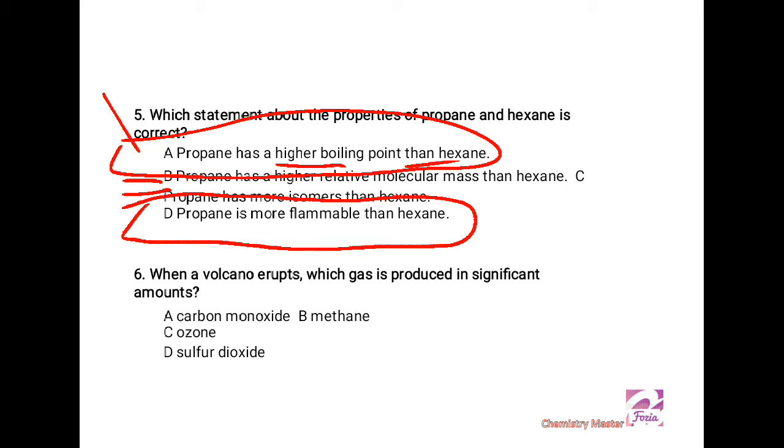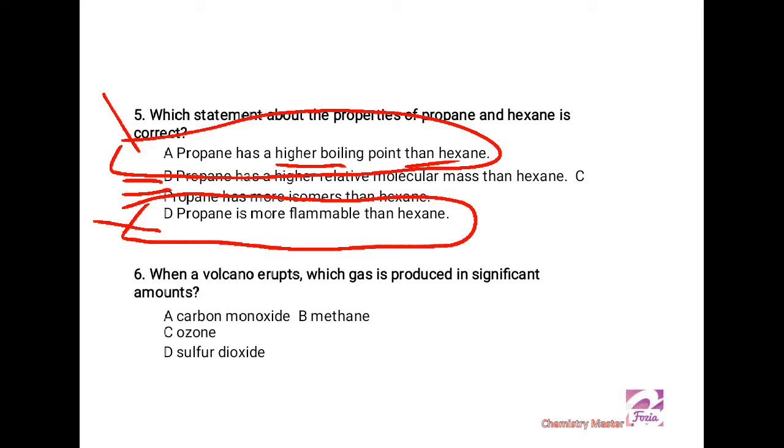So propane has fewer carbon atoms, smaller structures, lower number of covalent bonds. It cannot have a higher boiling point. So option D seems much sensible here because propane is more flammable than hexane. Smaller organic compounds have greater volatility and they are more flammable because of having lower boiling points. So the option D is the truly correct option.